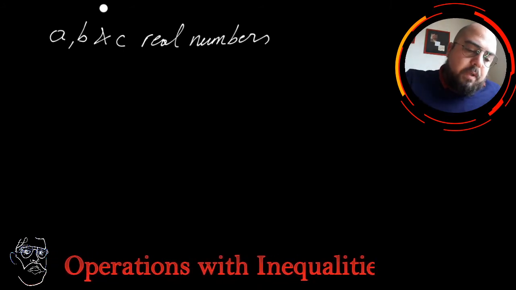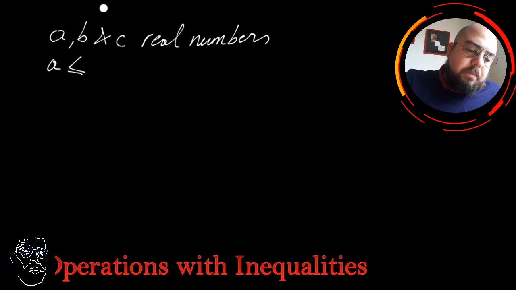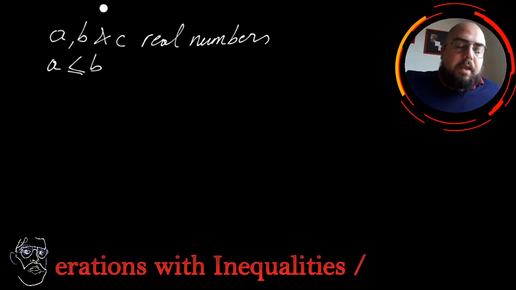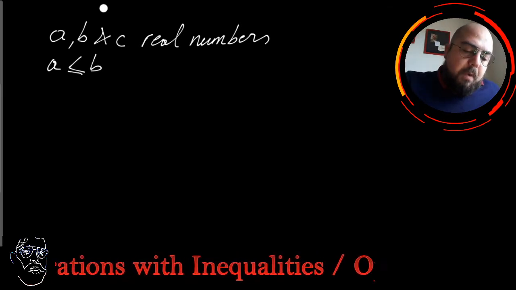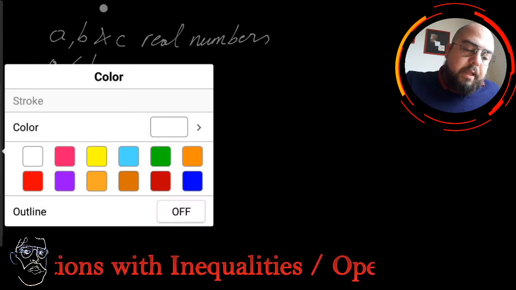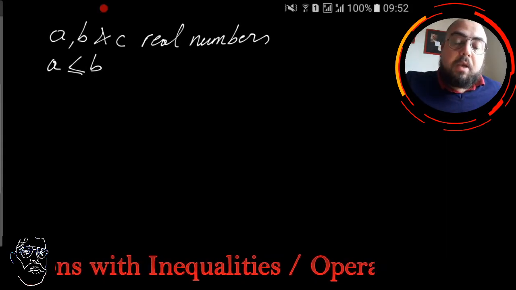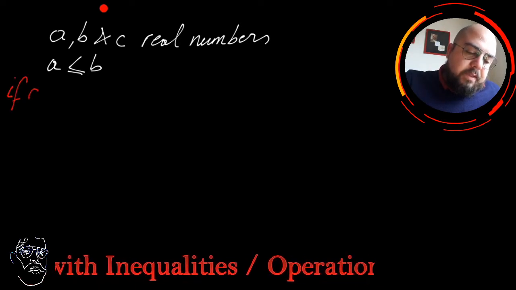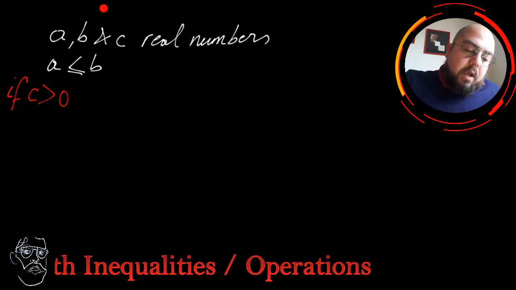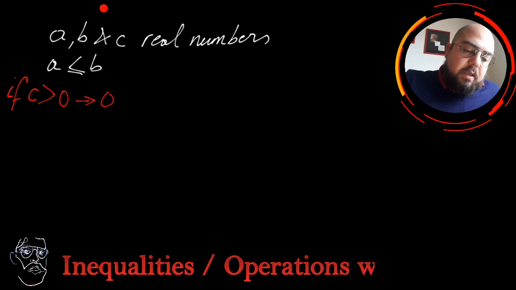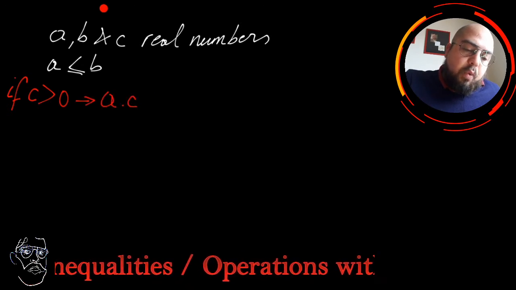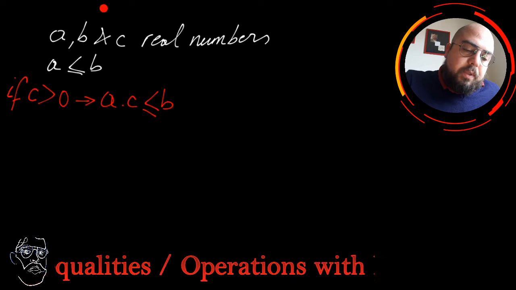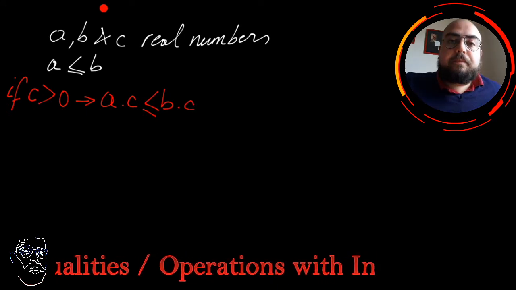And one more time, A is smaller than B. Now, in case I want to multiply by a certain value C, and if C is positive, I can say that A times C will remain smaller than B times C.